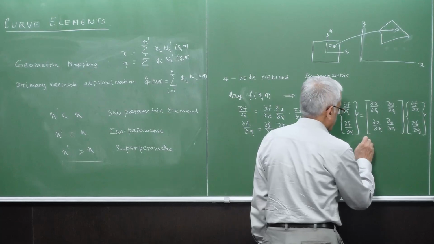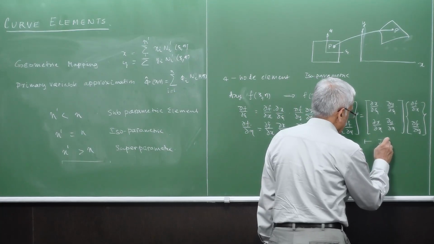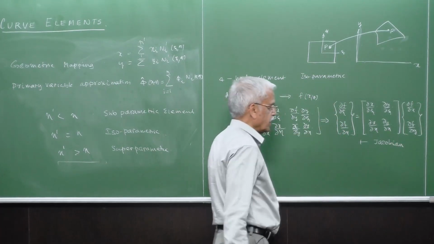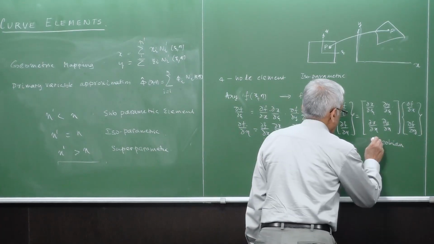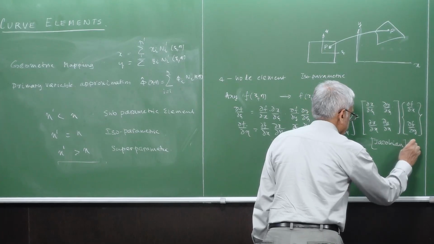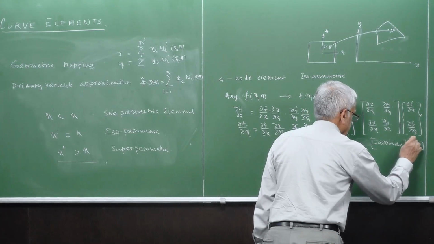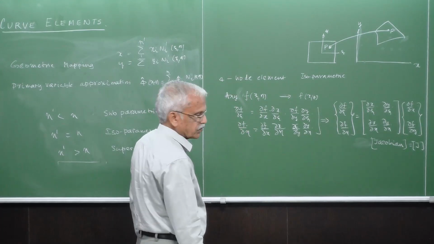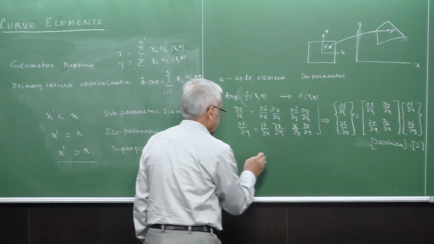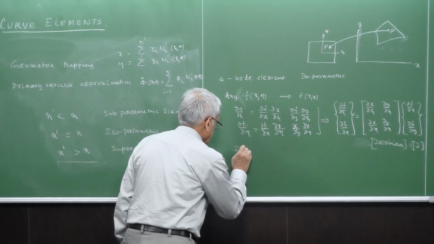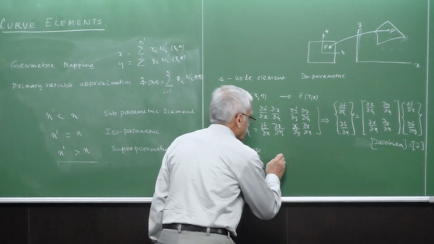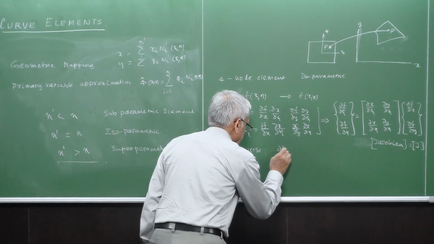This is called the Jacobian of transformation, and sometimes simply written as J. So J is a very important part of this transformation. In fact, here we can do the inverse of this one.